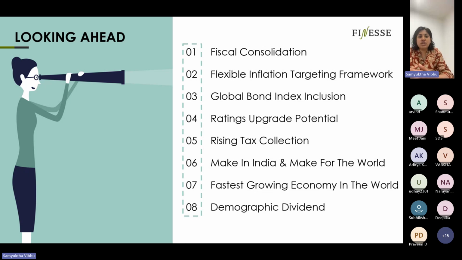The second big change that we've seen in the last decade is, of course, that we have a flexible inflation targeting framework, which essentially tells the RBI that you do have a mandate to keep inflation at 4%, but you have some variation around that mandate, right? So it can be anywhere between 2 and 6%, but your target is around 4%. Prior to the inflation targeting mandate, the RBI wasn't really trying to create price stability, right?